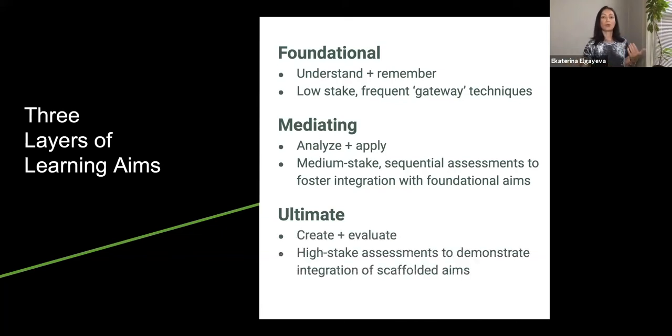When we get to our ultimate aims, we're looking for our students to create and evaluate, sort of synthesize, right? This is the higher order thinking skills. This is that metacognitive capacity that we talk about, and we love to really kind of incite within our students, right? So this is high stake assessments, and they demonstrate the integration of the foundational stuff that they may have learned with the mediating aims, okay?